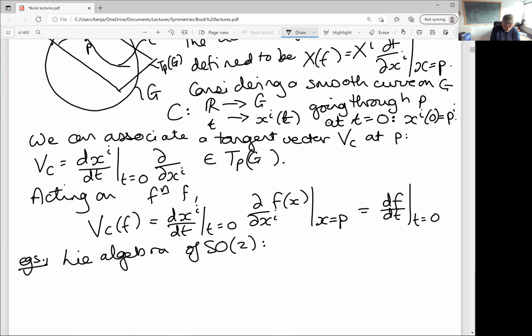Here, remember we had the matrix with cos theta, minus sine theta, and cos theta parameterizing SO(2). But now what if theta is actually some curve C of t?